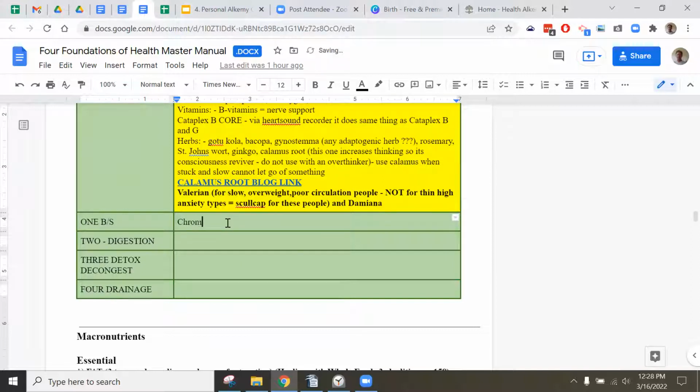Chromium. Oh, sure. And potassium. So for blood sugar, those are the two most important, and then protein. Why is protein important for blood sugar?